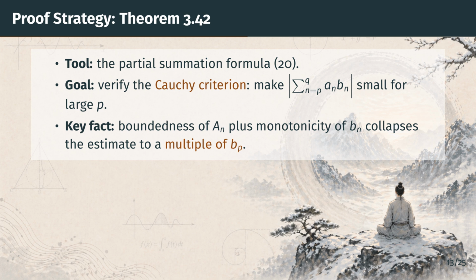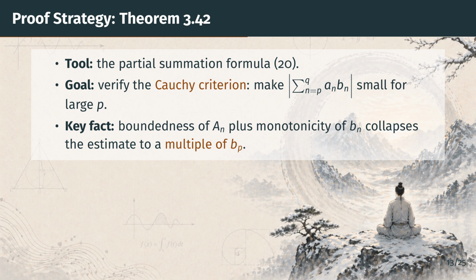The key fact that makes this work is the combination of two hypotheses. Boundedness of the partial sums, capital A sub n, lets us pull out a constant, and monotonicity of b sub n lets the differences telescope. Together they collapse the whole estimate down to a constant times b sub P, which tends to 0.